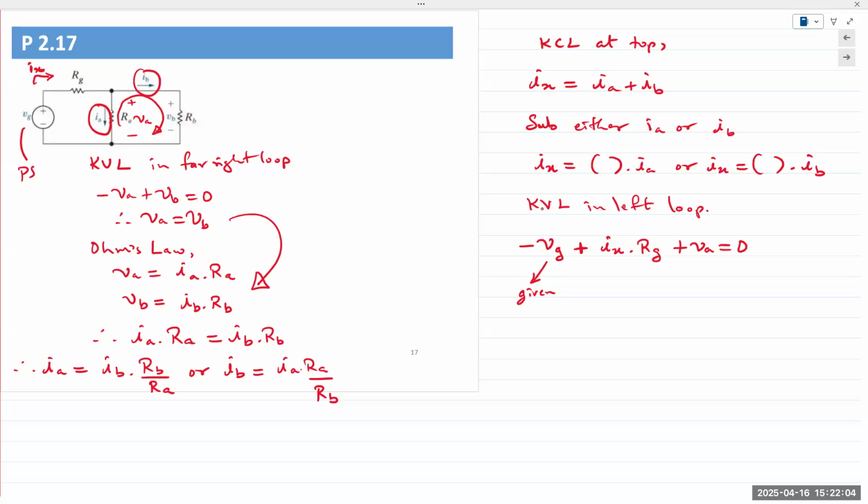And from above, if Ix was expressed in terms of Ia, which is here, you can substitute it there. So now the entire equation is in terms of Ia. Va, of course, is Ia times Ra.